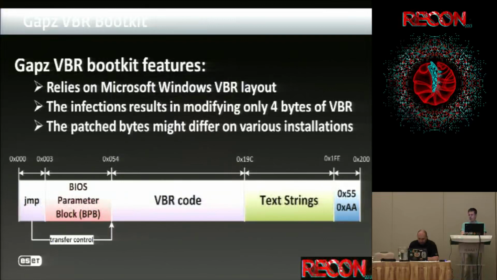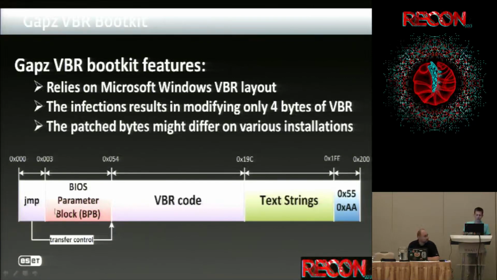Some of the most interesting features of the bootkit is that it results in modifying only 4 bytes of the VBR. And here, at the bottom of the slide, you can see the VBR layout for a Microsoft NTFS volume. The first 3 bytes are instructions which transfer control to the VBR code.